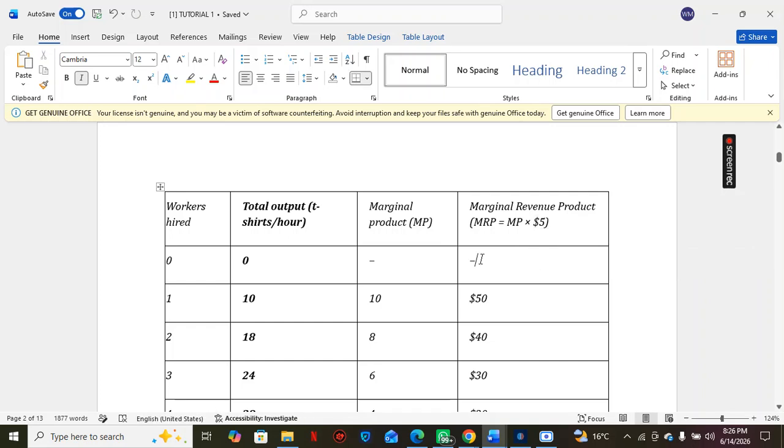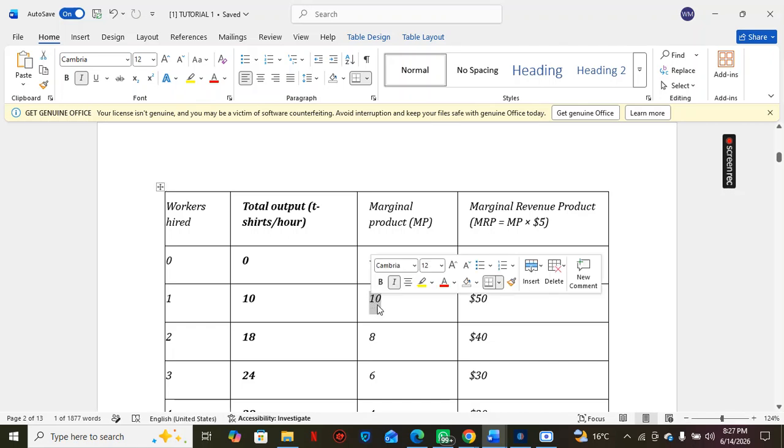Okay. So you hire the first worker. The first worker is able to produce 10 shirts. So the additional product this worker has brought, from 0 units at first, you're now producing 10 units. So the additional product that this worker has brought, or the marginal product, is 10 shirts.